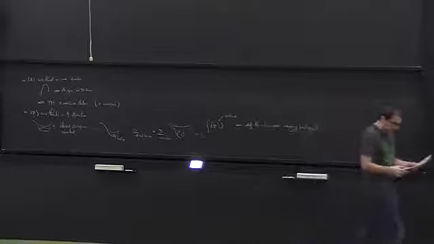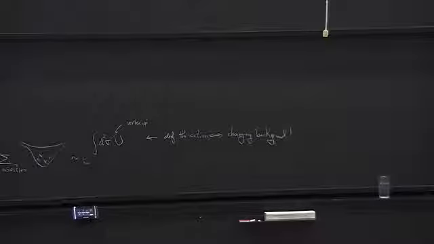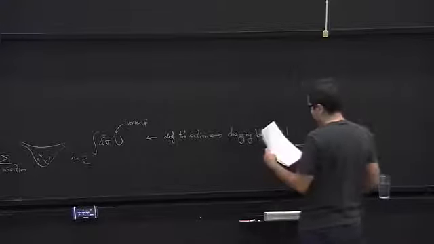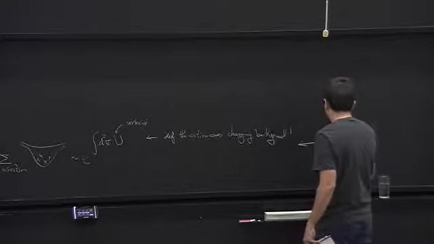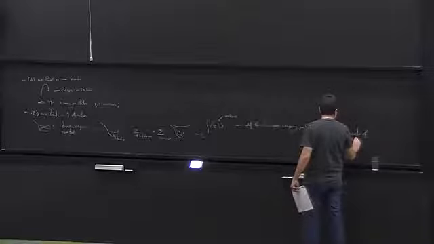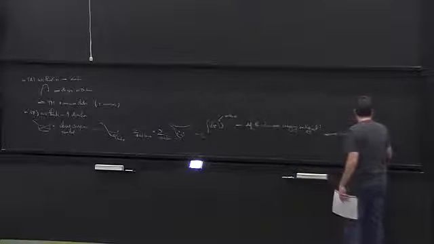Okay? It's changing the string theory. It is changing the action. And this is very intuitive. This is equivalent physically to saying that the condensate of gravitons changes the background.